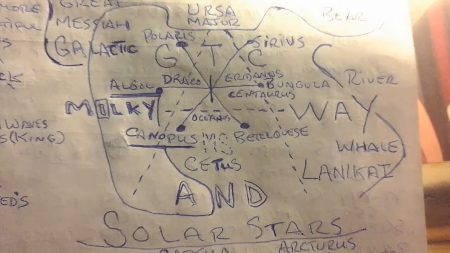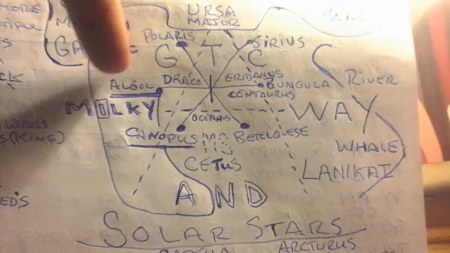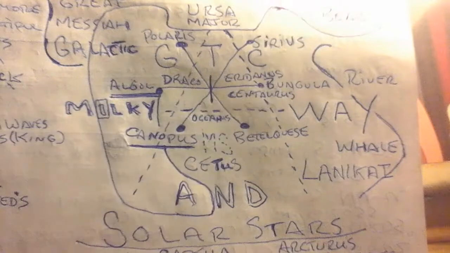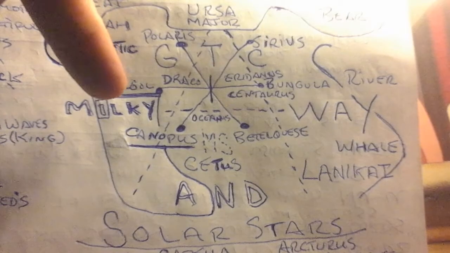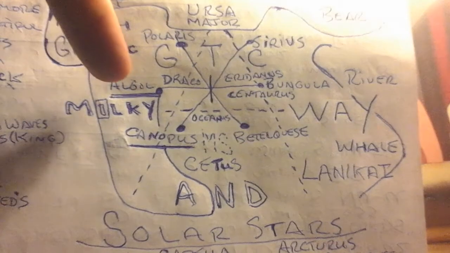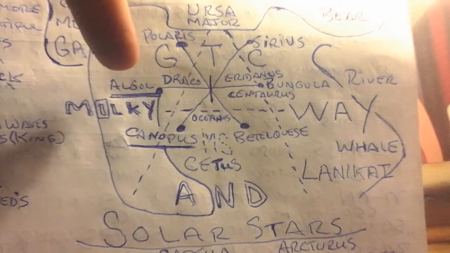The third interesting opposition is Algol opposite Bungala, which has other names for it, as all the stars do. Algol is called the demon star. Not a very pleasant one. It's at 26 to 27 Scorpio.